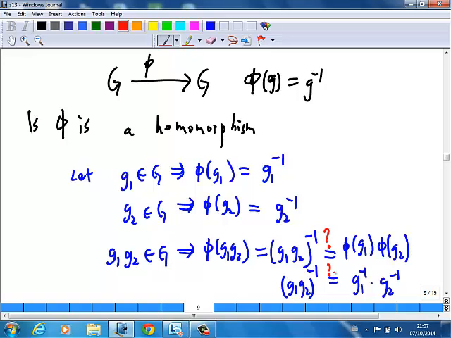Okay, now group theory gives a very powerful result here, because this is usually not true. Where is the inverse of G1 G2? Group theory will tell you the inverse of G1 G2 is what?